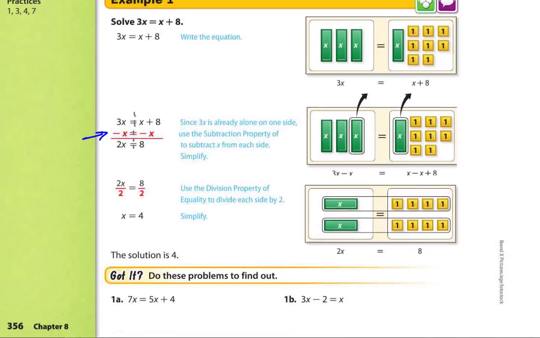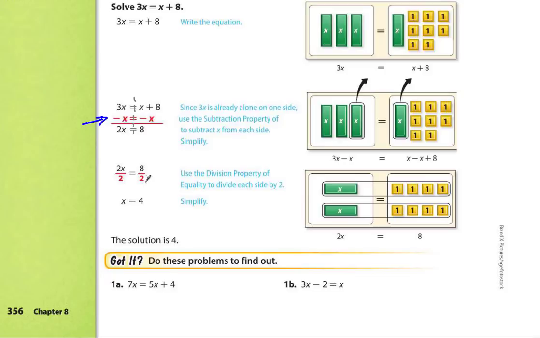Now you'll notice by the time we get down to this step, we have only the x's on one side. We have 2x is equal to 8, so we're going to divide both sides by 2. We're dividing by the coefficient. We're also using that to get x by itself, and that's going to leave us with x equal to 4.